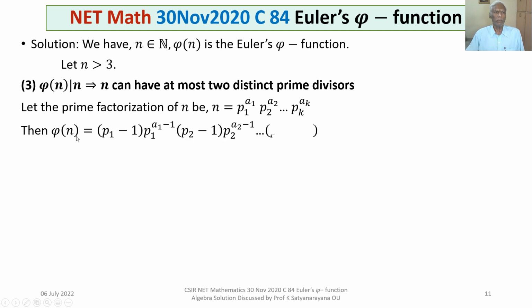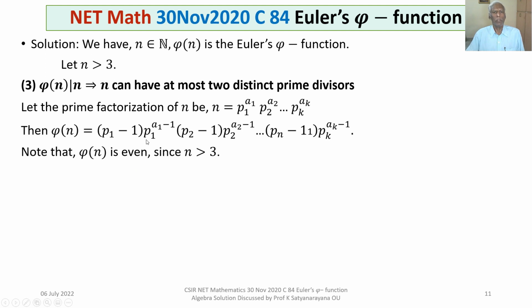Then phi of n is equal to p1 minus 1 into p1 to the power of a1 minus 1 into p2 minus 1 into p2 to the power of a2 minus 1, and so on, pk minus 1 into pk to the power of ak minus 1. Note that p1, p2, pk are prime numbers, and p1 minus 1, p2 minus 1, pk minus 1 are all even.